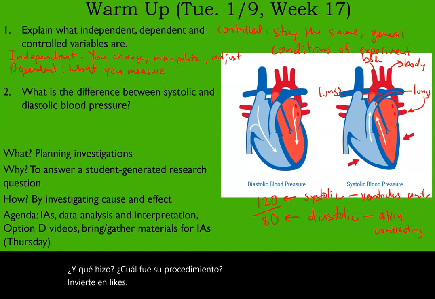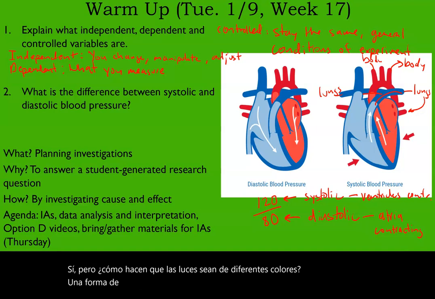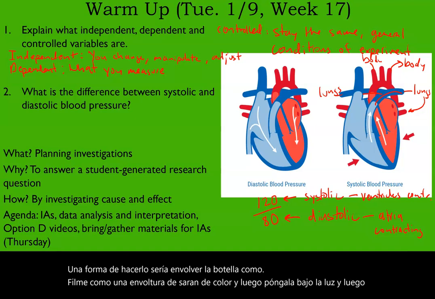Different light colors. So look at that. Oh, there we go. Did they wrap clear bottles of milk in different color plastic? Yeah, but how do they make the lights different colors? One way to do that would be to wrap the bottle in a film, like a colored saran wrap, and then put it under light, and then that light will be filtered.